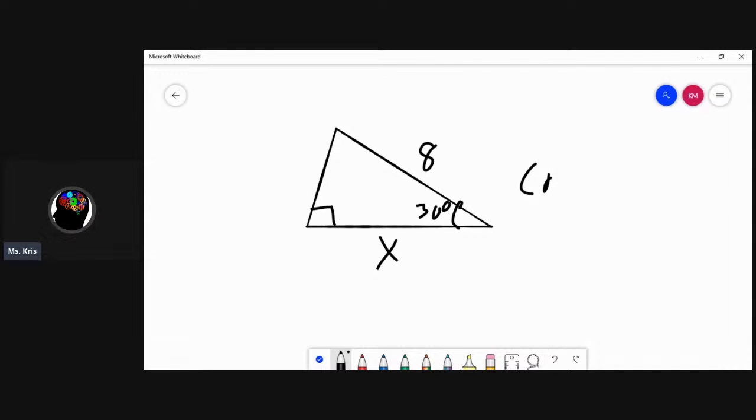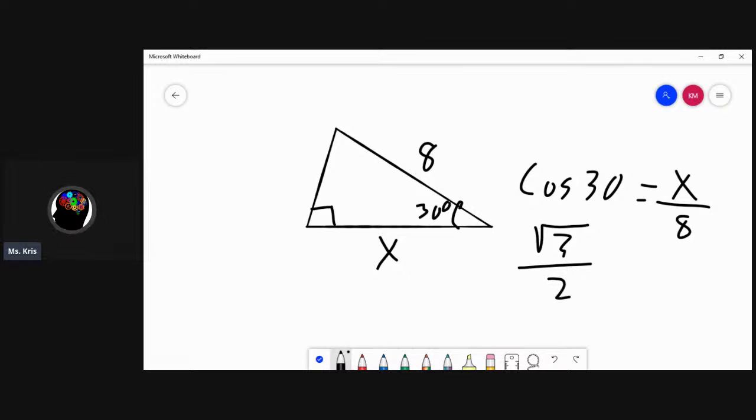So cosine 30 is the adjacent over the hypotenuse. Now remember, the trig value of cosine 30 is the square root of 3 over 2.